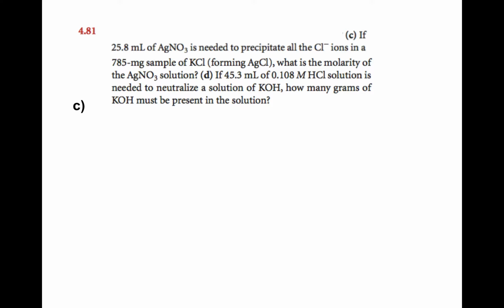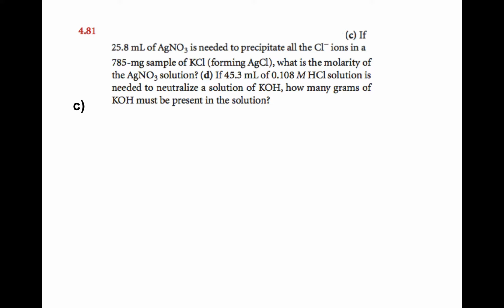All right, with part C, if 25.8 milliliters of silver nitrate is needed to precipitate all the chloride ion in a 785 milligram sample of potassium chloride, what is the molarity of the silver nitrate solution?